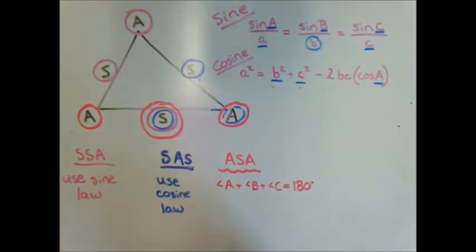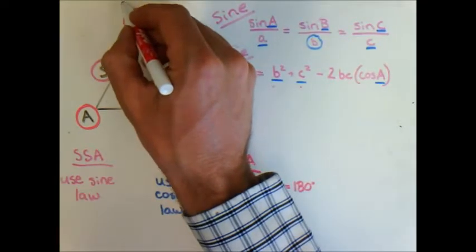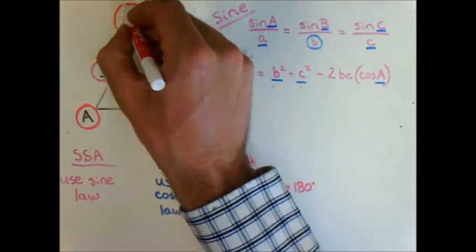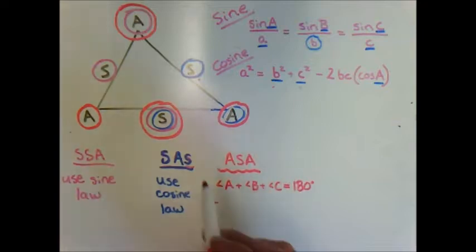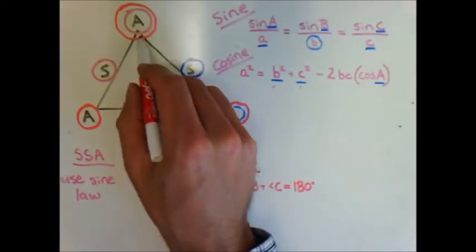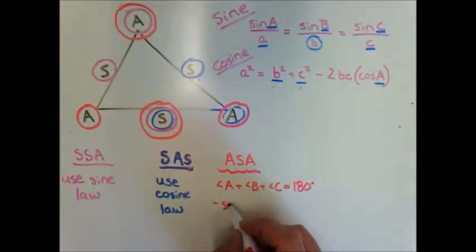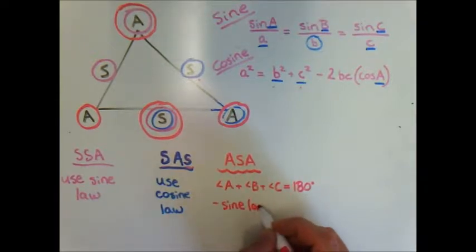So then we have all three angles. Now what would we do? If now all of a sudden we have this angle as well, now we have opposite information, right? So we can use our sine law.